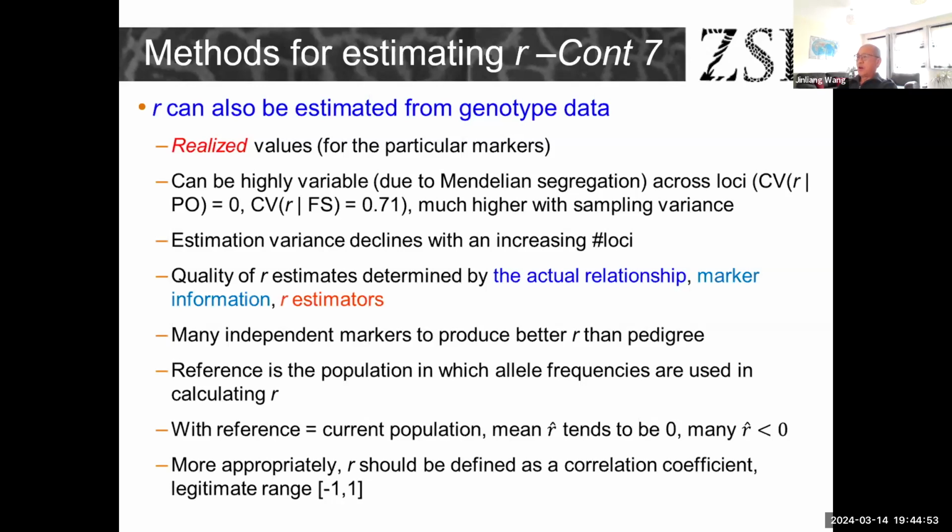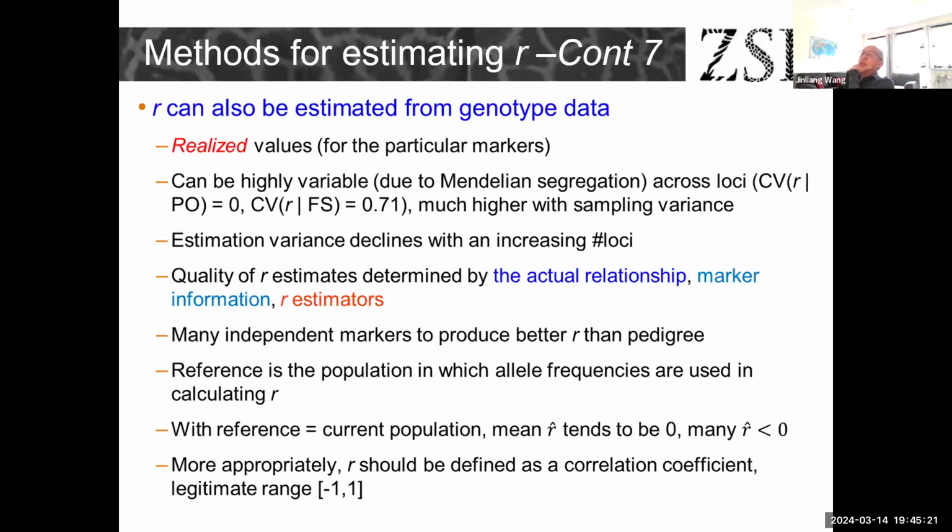But for parent offspring, it is always 0. There is no variation between loci. But the sampling variance can be considerably reduced if we have many markers available. That is why we need to genotype many markers and use them in estimating relatedness, because it could reduce the variance a lot.